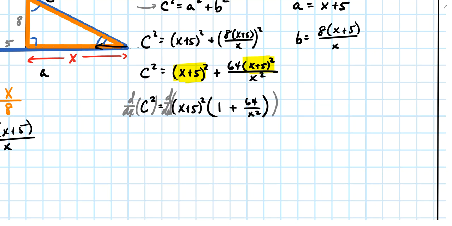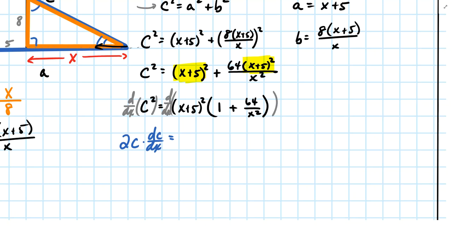Well, the derivative of c squared is going to be 2c, but since the c and the x variable differ, we have got to multiply by the differential dc dx, which is fine because this is the value we want to be set equal to 0, and it's ultimately going to turn the left side of the equation equal to 0. We will need the product and chain rule on this right side, so let's get to it.